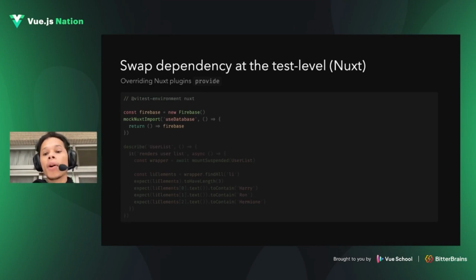So I am mocking the use database function so that it returns a different implementation of the database. But we're not mocking the database here. We're just mocking the wrapper around inject. We're passing it a real implementation, so it can still help us in our migration scenario. And we're still not mocking any internals of our component's behavior.